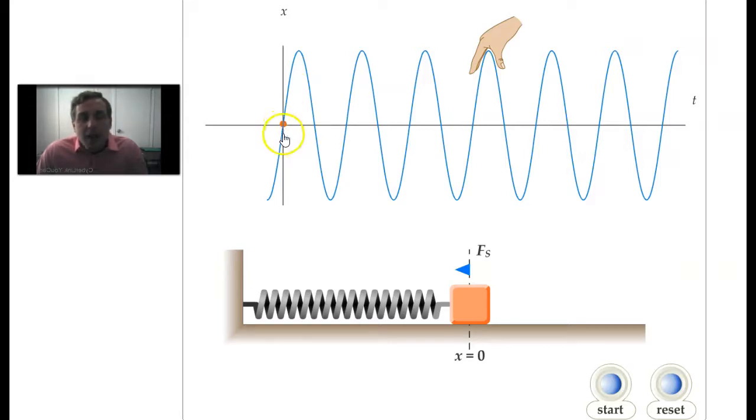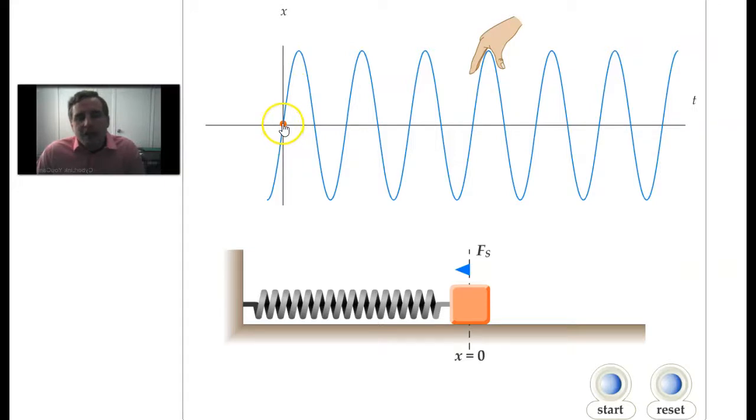And remember, when you shift something to the right, there's actually a minus in the equation. So this is going to be cosine of omega t minus pi over 2.